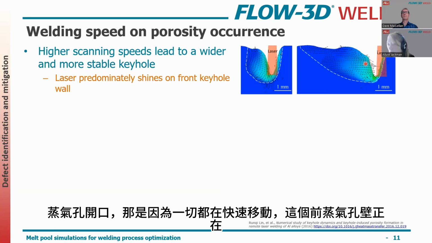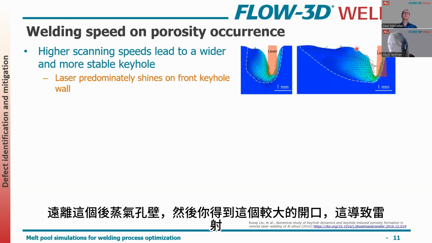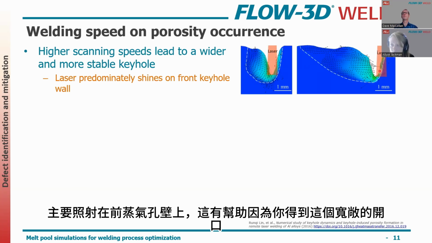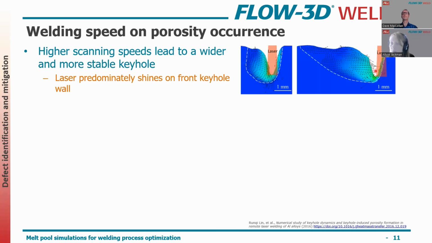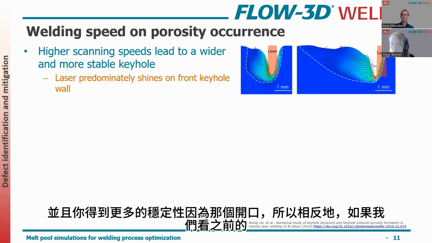That's because everything's kind of moving faster. This front keyhole wall is moving away from this rear keyhole wall, and then you get this larger opening, and that leads to the laser predominantly shining on the front keyhole wall, which helps because you get this wide opening, and you get a lot more stability because of that opening.